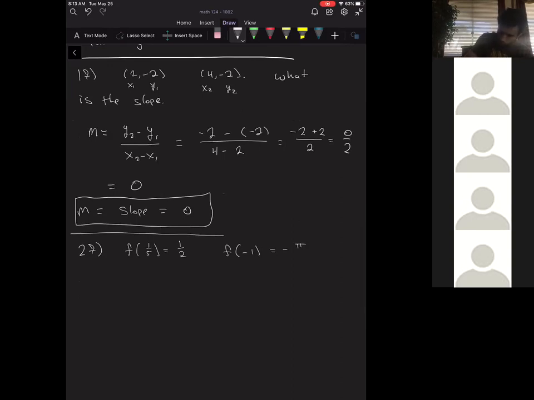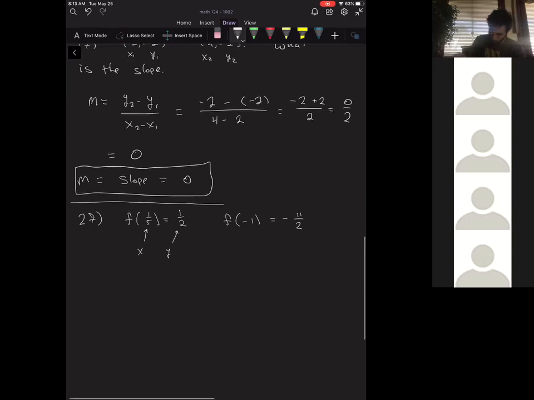So remember, we have this equation f of x. So this number on the inside is an x value, and the number that it equals is always a y value. So when we're given these 2 little equations with an answer, this is just giving us an x and a y.